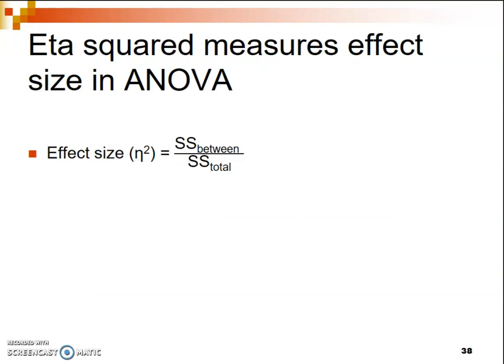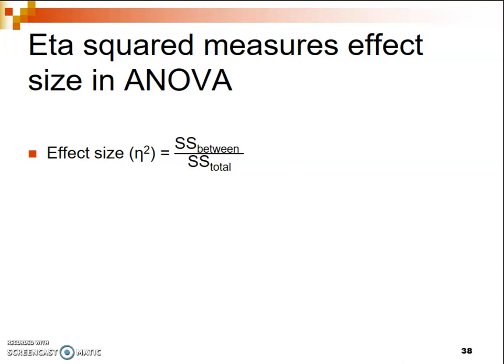The symbol for eta is this n with a tail next to it, and it has a squared above it. The way we're going to calculate eta squared is by taking the sum of squares between and dividing it by the sum of squares total. So that's our formula for calculating eta squared, which again is a measure of effect size in ANOVA.